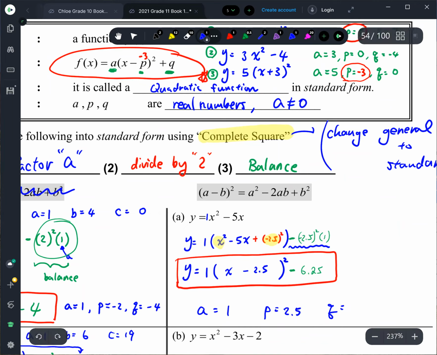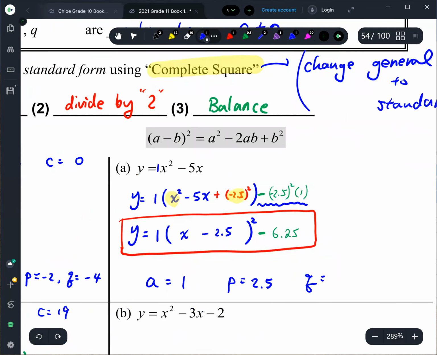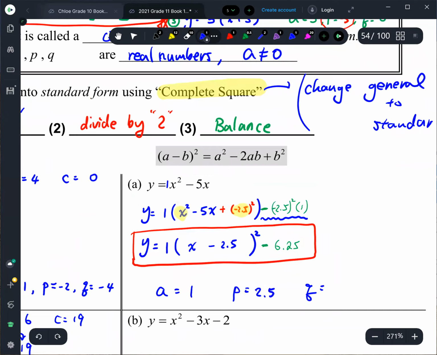And what about Q, Tony? Value for Q? It should be 6.25. No. Q is whatever is outside after the square. So negative 6.25. Okay. So A and Q are the easiest ones.